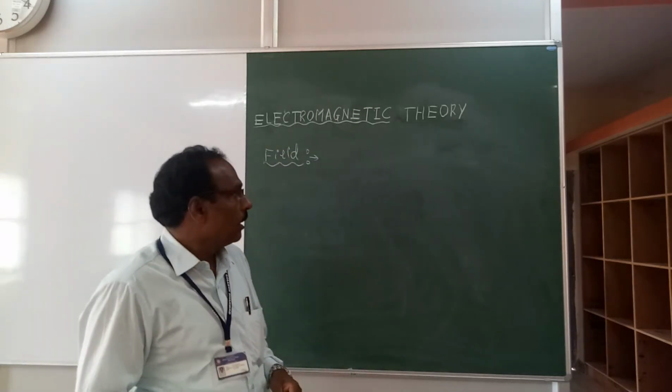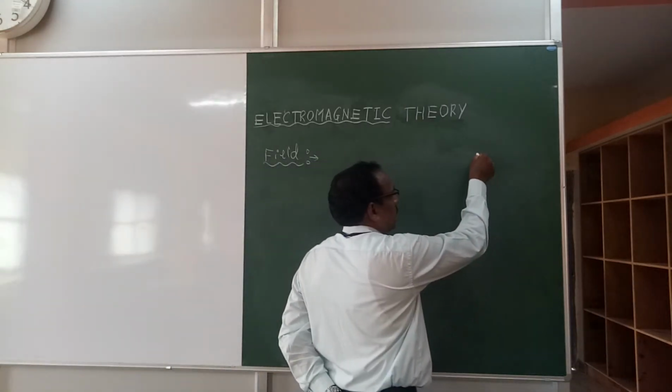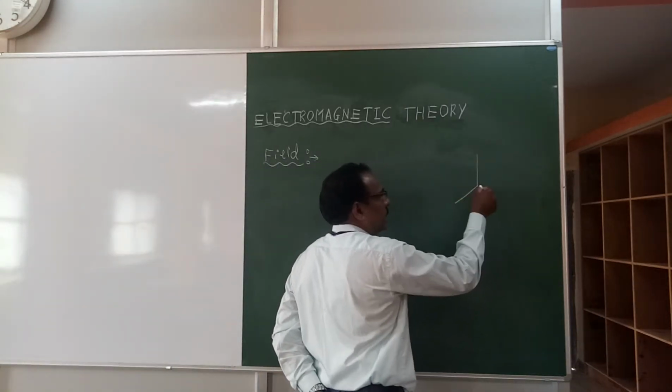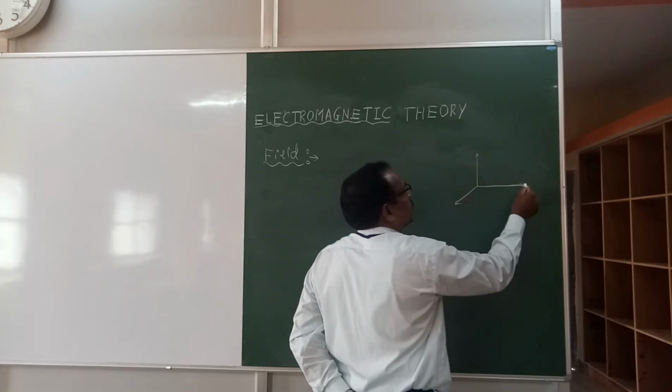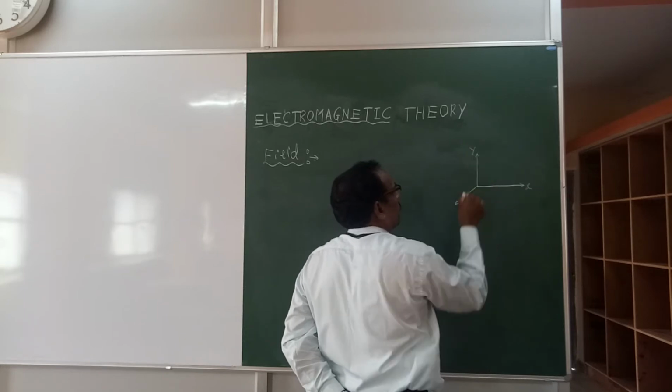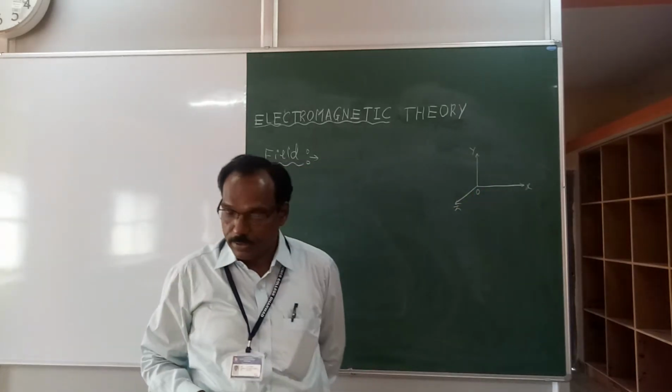Well, in general, let me consider a three-dimensional space. So this is the x coordinate, y coordinate and z coordinate. This is Cartesian coordinates.